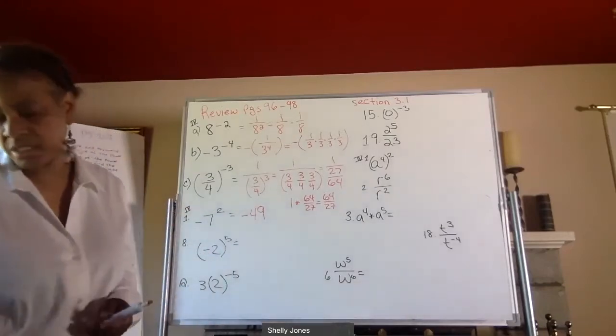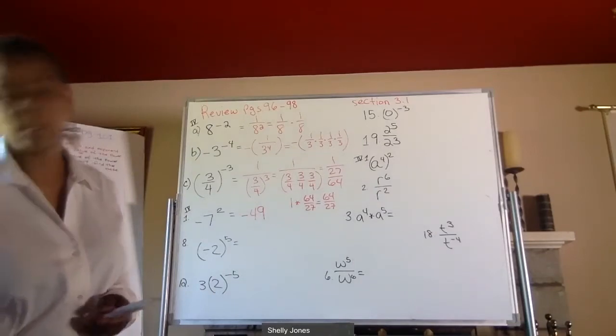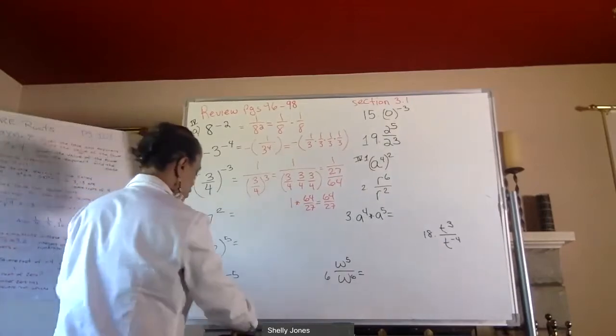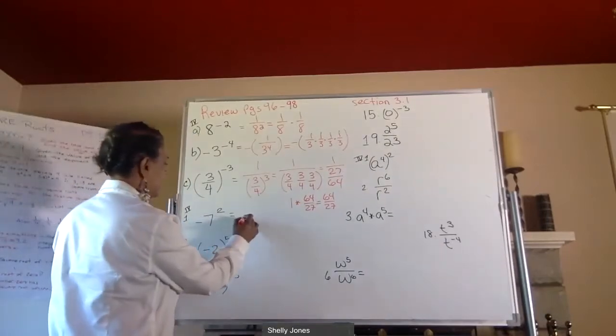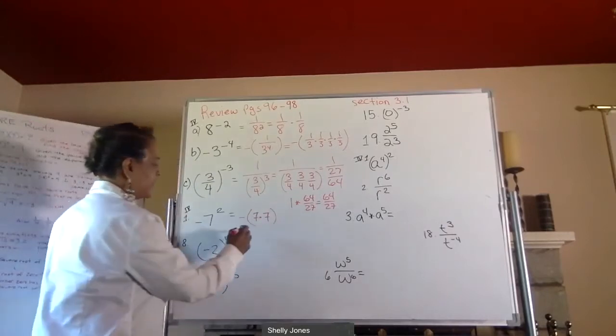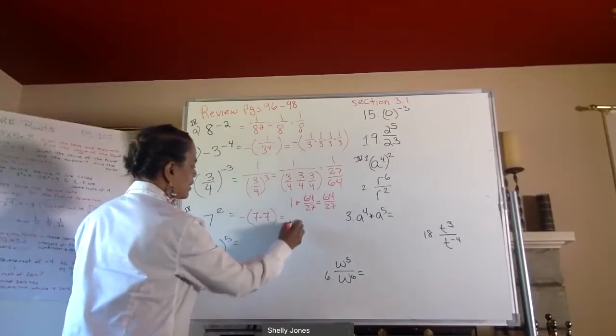In this section, it says, expand the exponential expression into repeated multiplication and then simplify it. So in this case, if I were to show repeated multiplication, I would have negative 7 times 7. And then to simplify it, I would end up with a negative 49.